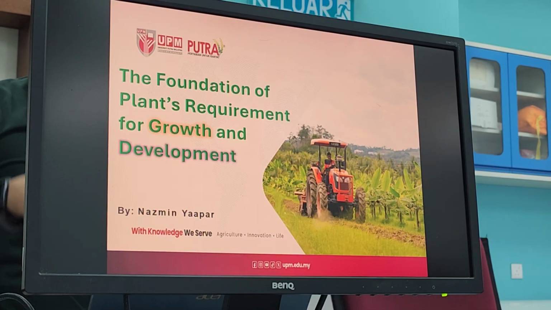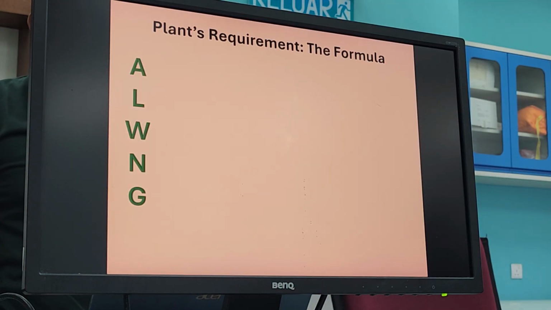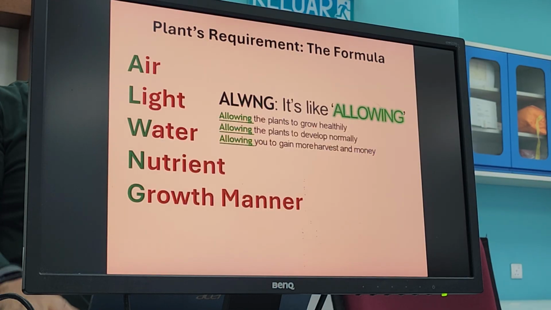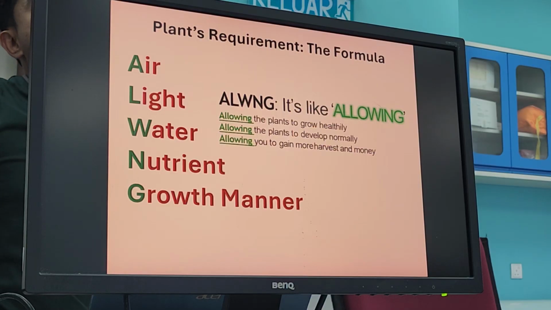So it's good to understand what the requirements of plants are, because plants too are living organisms, right? So that's a formula to remember the important components to enable plants to grow happily, healthily, and hopefully economically sound for your own interest, right?